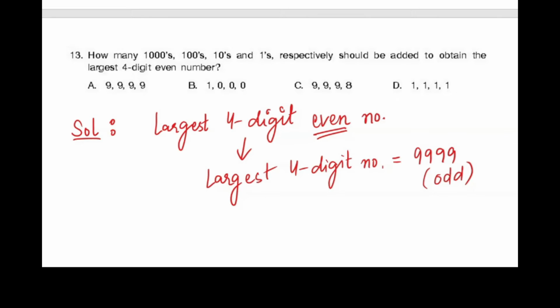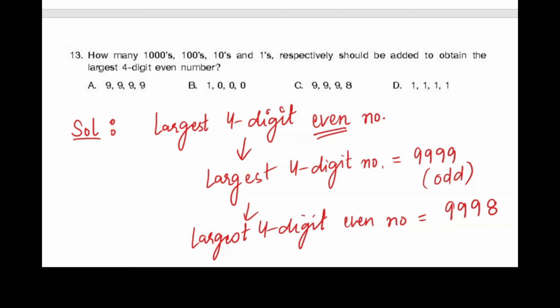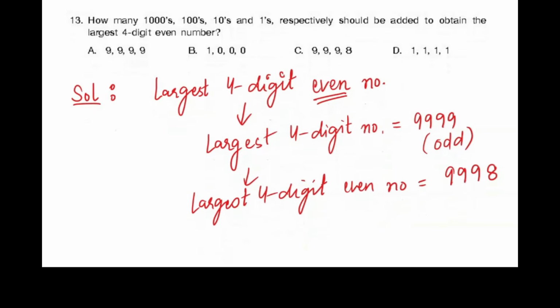So from here, we'll reach the largest 4-digit even number. That will be 9,998. Now the question is not asking about this.